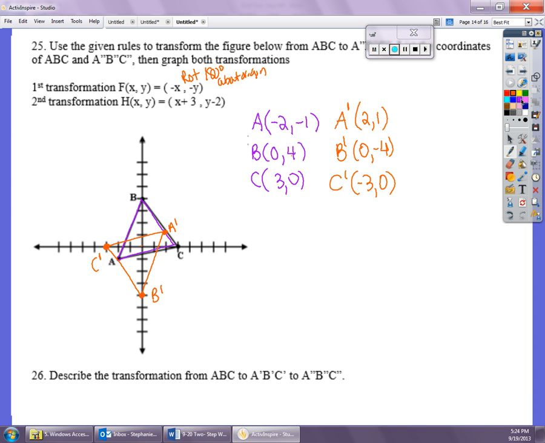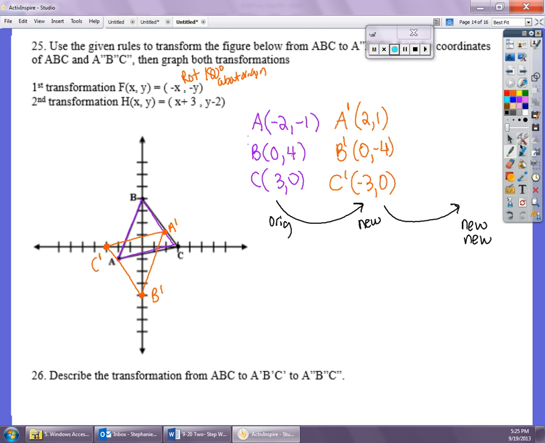Now, this is the part that you guys have been getting so confused on. When you translate or rotate or reflect, you have to go from original to new, and then from new to the next new. So you never go from original to the second new.